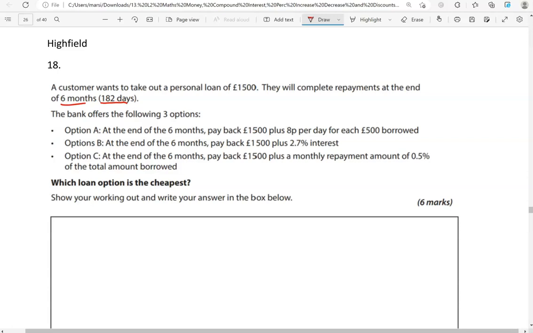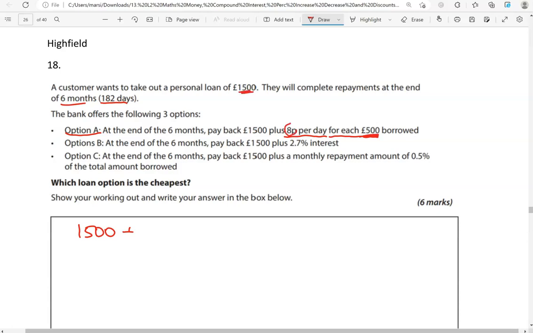Let's look at each option. Option A, at the end of the 6 months, pay back 1,500 plus 8p per day for each £500 borrowed. So that is 3 lots of 500 fit into 1,500.